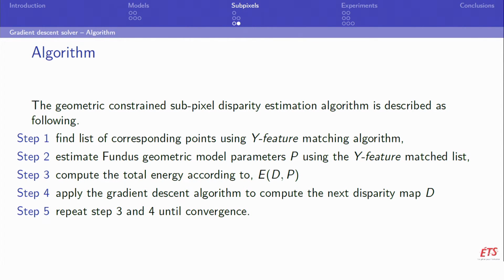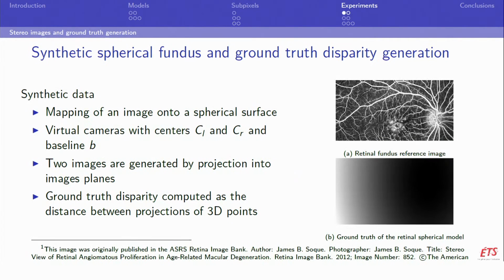Then from there we obtain these parameters, and we compute the energy and maximize that energy to obtain the final disparity map, so at the end we have a dense disparity map that is defined at each pixel.